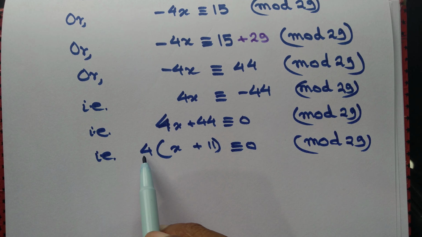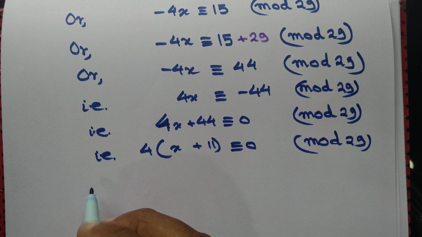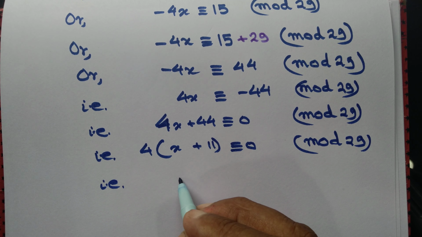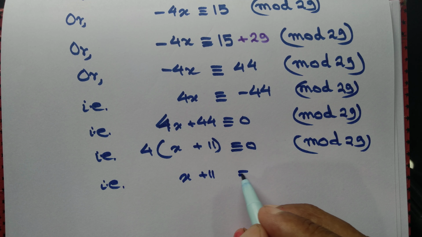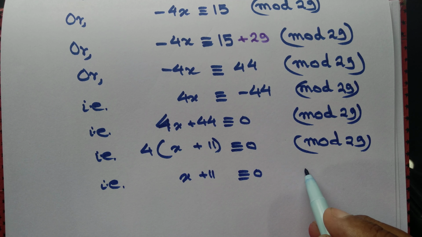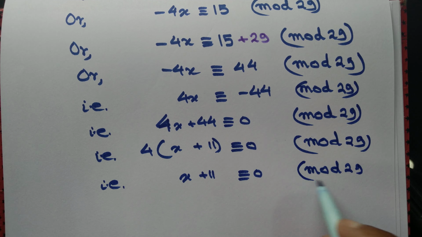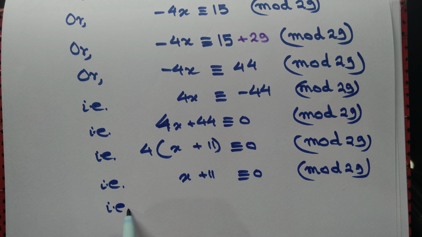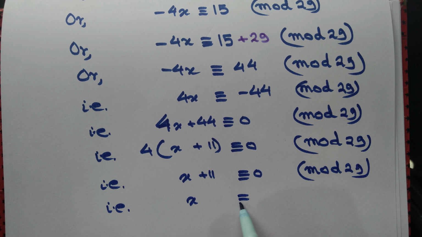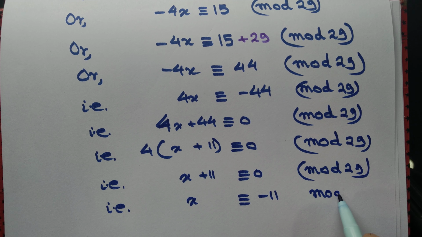But 4 cannot be divisible by 29. 4 and 29 are relatively prime, so x plus 11 must be congruent to 0. x plus 11 must be divisible by 29. That is, x must be congruent to minus 11 mod 29.